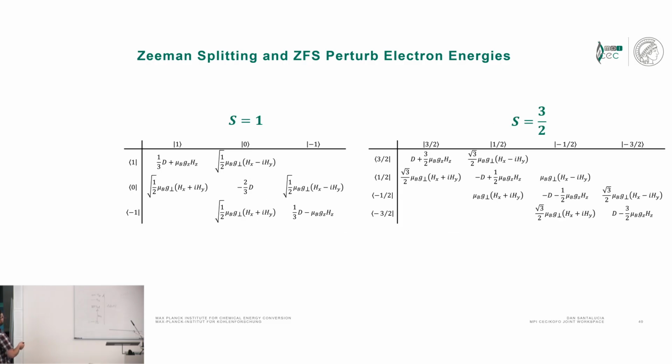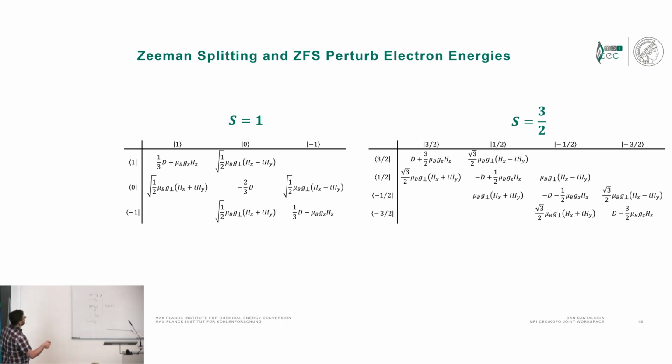Now, I've gone a step further, and I've also provided you here the actual matrices. On the diagonals are what we're used to thinking about, like the Z component of the Zeeman splitting, for example, but also these axial zero field splitting parameters. I'm going to ignore rhombicity here for the sake of simplicity.